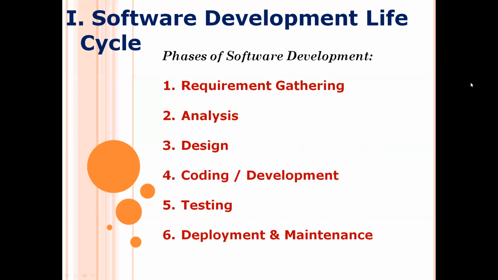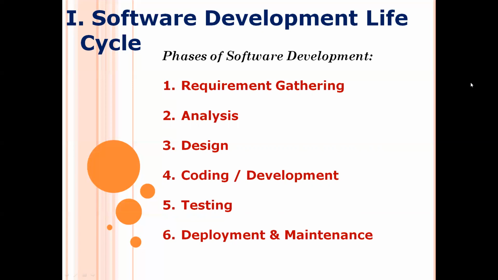Requirements gathering, analysis, design or software design, coding or implementation, or you can say development. Next, fifth one, software testing. Sixth one, release and maintenance, or you can say deployment and maintenance. It is the general software development life cycle.